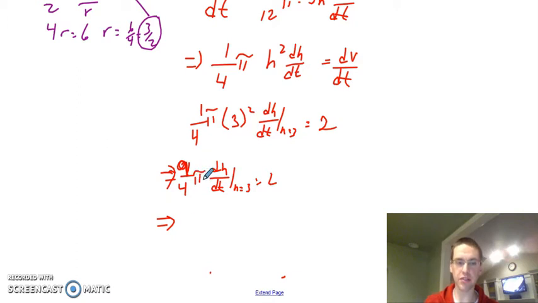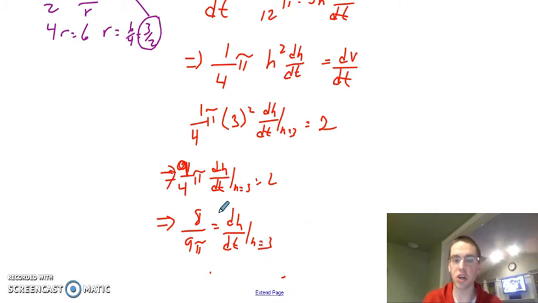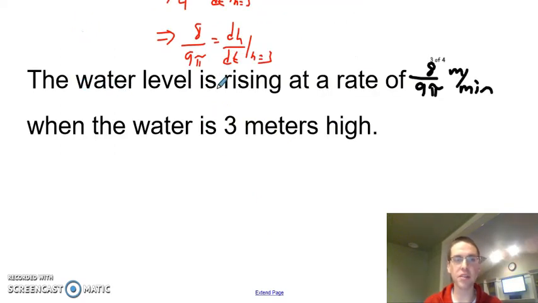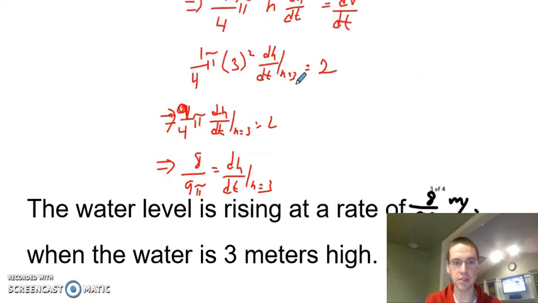If I multiply by the reciprocal, the 4 goes with the 2, 8 over 9 pi equals dh over dt when h equals 3. And so we just solved it. We know the rate at which the height is changing when the height is 3, which is 8 over 9 pi. And so you would write that out. And I misspoke. The water level is rising at a rate of 8 over 9 pi meters per minute when the water is 3 meters high. And that's what I would expect to be written out.